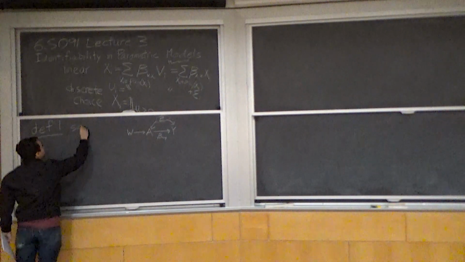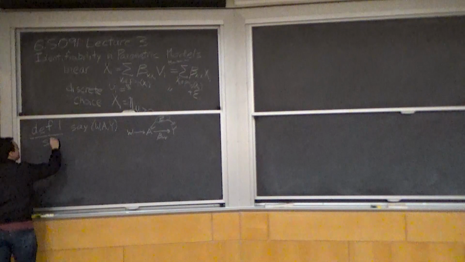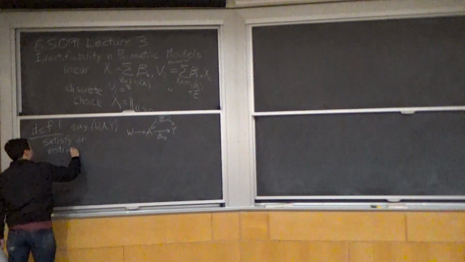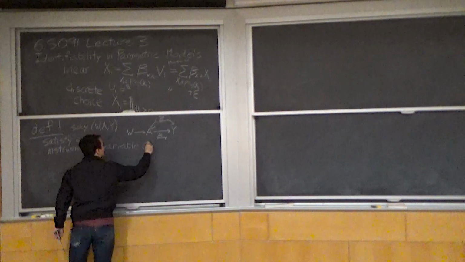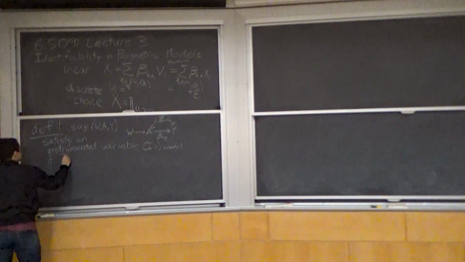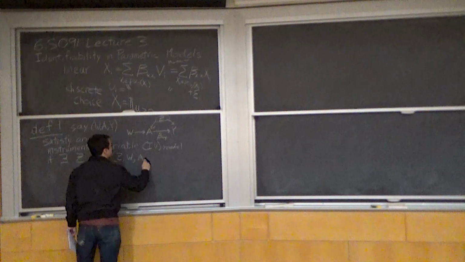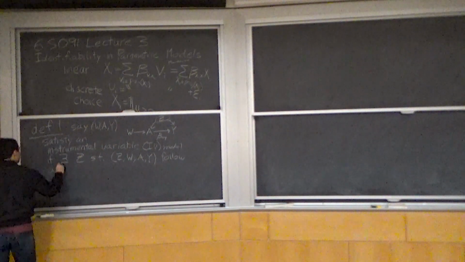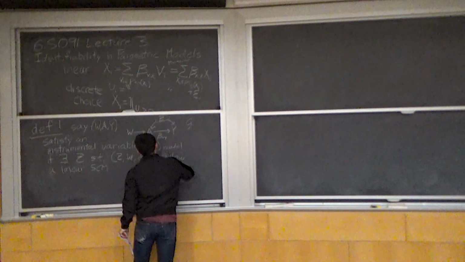So we'll say that W, A, and Y, which are observed variables, satisfy an instrumental variable model, an IV model, if there exists Z such that this whole tuple Z, W, A, and Y follow a linear structural causal model with this G as the causal graph.